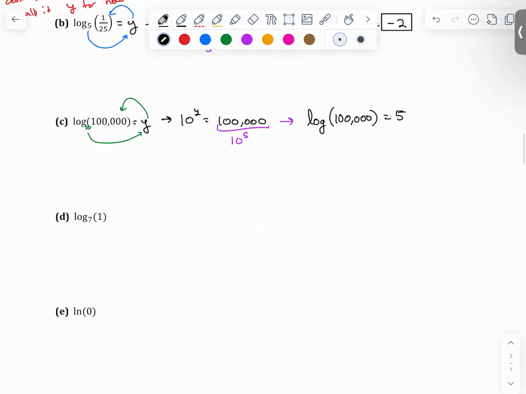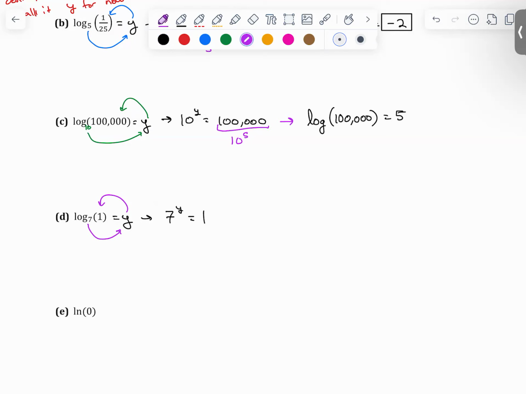Two more. Log base 7 of 1 would be equal to y, and then we'll do the little curly Q. We'll start at the base, move across the equal sign, then back over. You're probably sick of hearing me say that already, but I'll be saying it plenty more. You get 7 to the y is equal to 1. That's not a power of 7, or is it?